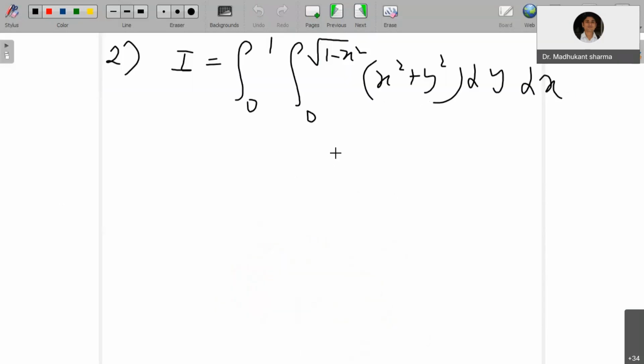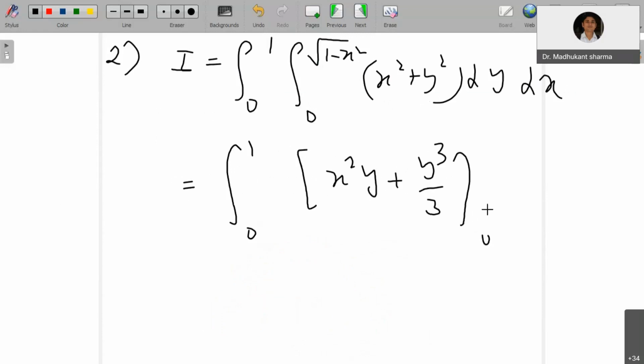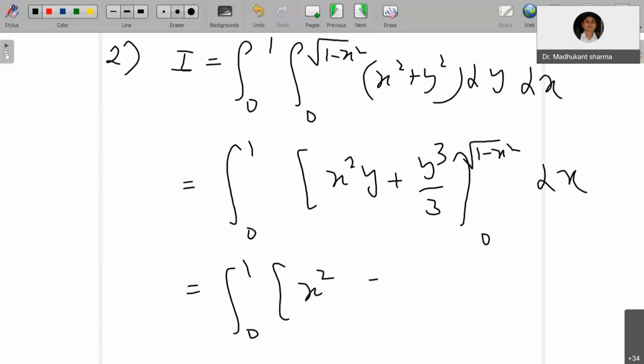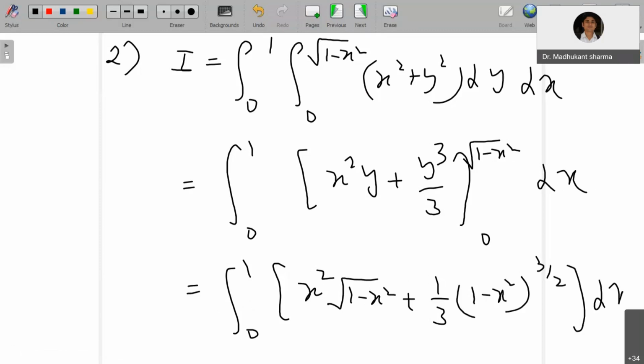Now, if you directly try to integrate, I think it is possible: integral 0 to 1 of x square y plus y cube by 3, from 0 to square root of 1 minus x square, dx, upper limit minus lower limit. So 0 to 1, x square times 1 minus x square, the lower limit will not contribute anything, plus 1 by 3 times 1 minus x square to the power 3 by 2 dx.